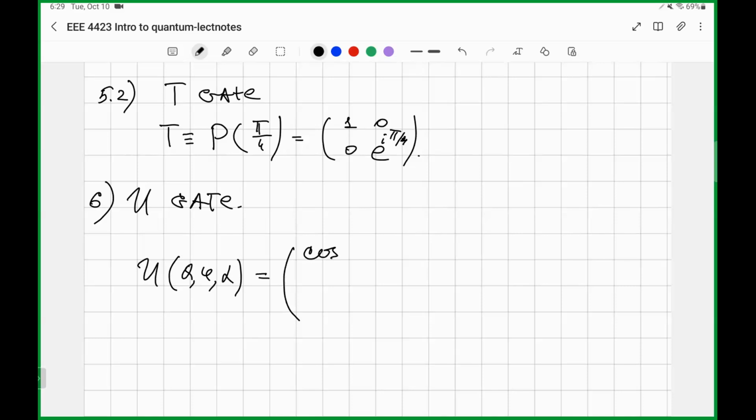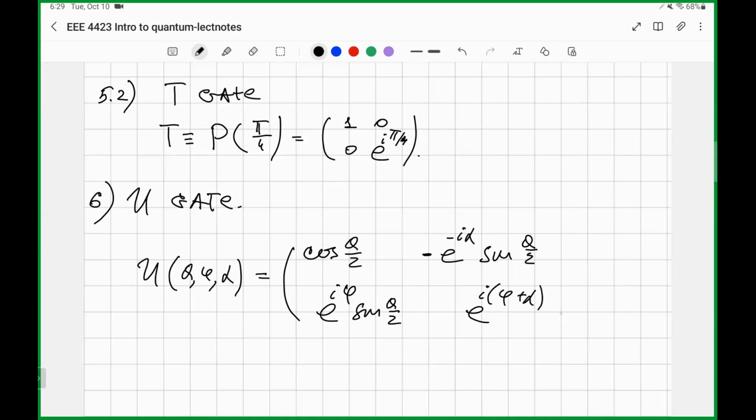The elements are cosine theta over 2, minus e to the power of minus i alpha sine theta over 2, e to the power of i phi sine theta over 2, and the last one, e to the power of i (phi plus alpha) cosine theta over 2.